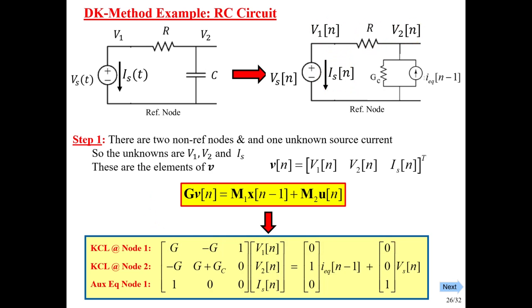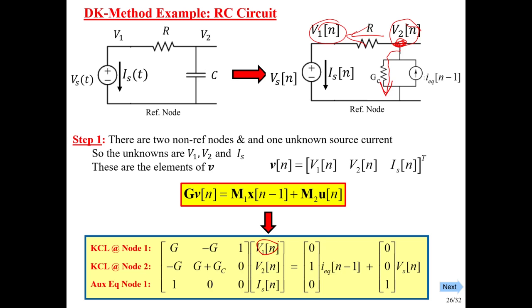KCL at node 2. Well, here's node 2. I'm going to have now V2 minus V1 divided by R. So that gives me the current in that direction. V2 times GC gives me the current in that direction.